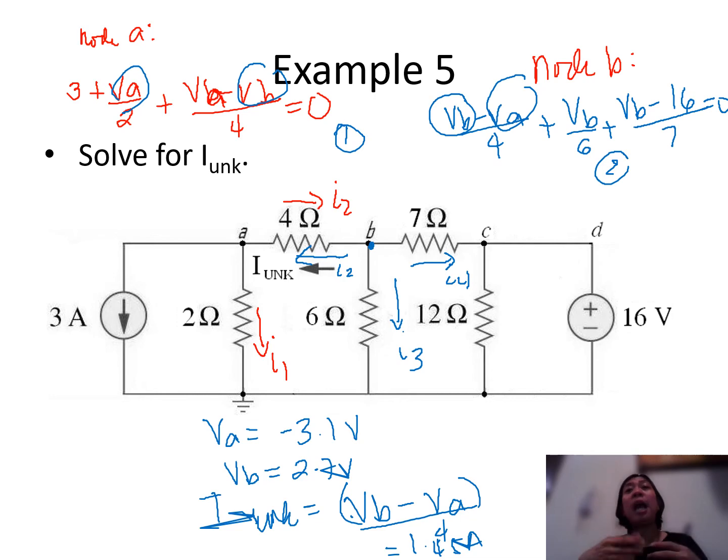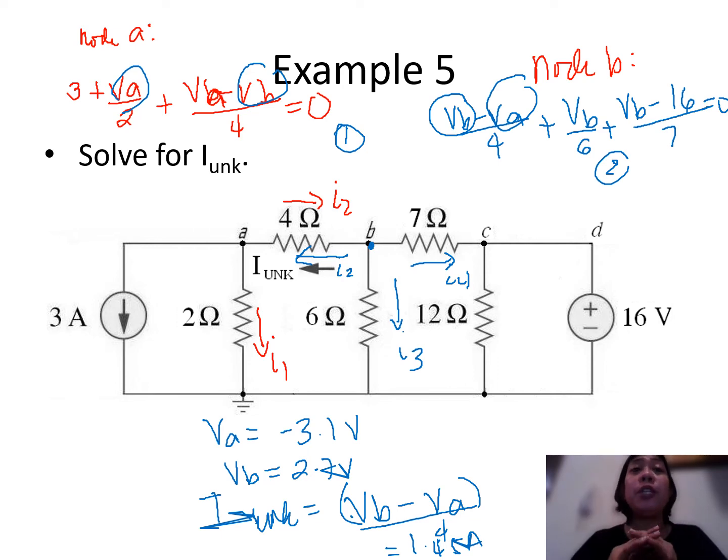So that is how you solve nodal equations with multiple unknowns, or with 2 unknowns. It is also possible if you have 3 unknowns, but you have to remember that you have to have 3 different equations. If you are going to make use of Kirchhoff's laws here, you have so many branch currents.